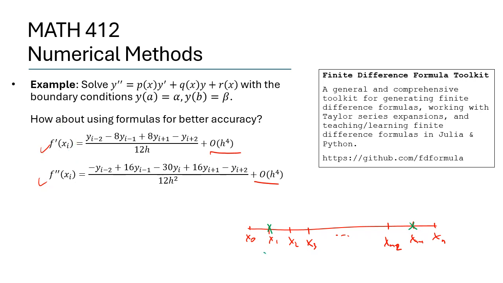And for this case, as I said before, we need formulas with the same truncation error in big O notation. A backward formula will not work because you only have one point available. If you use the 2-point backward formula, the truncation error is big O of h. It will not work.